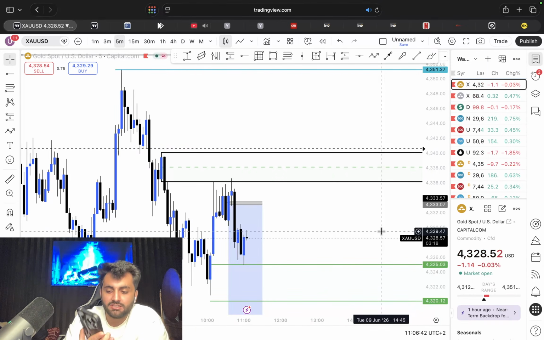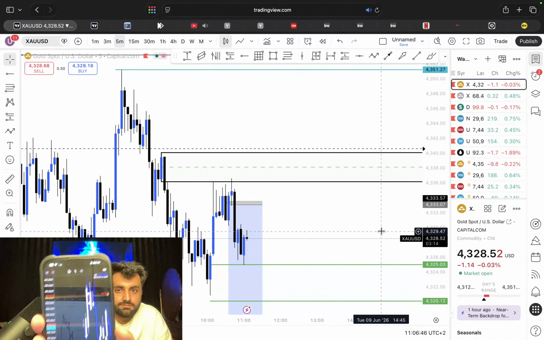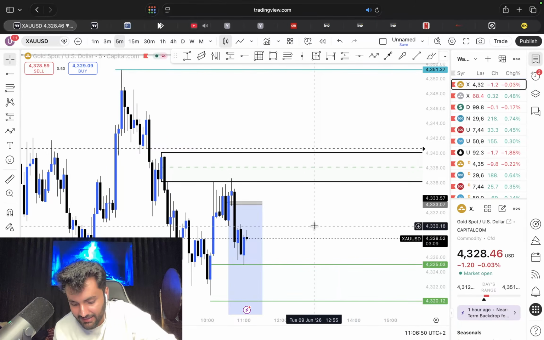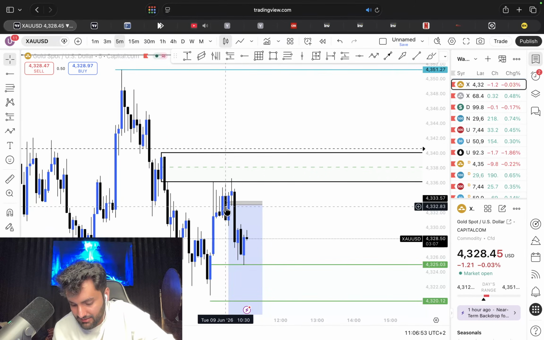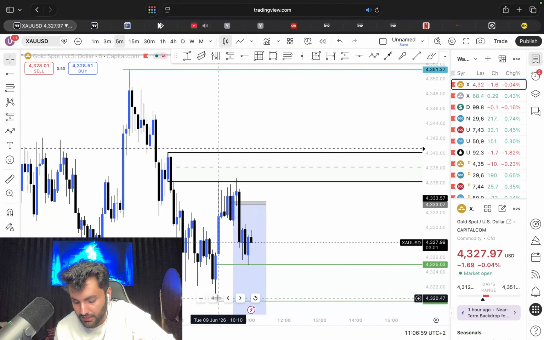So this is what my chart looks like. I don't know if you guys can see it, but this is what my chart looks like. That's where I got my entry, exactly here, 4337, and my TP1 has already been hit. There's my TP2.